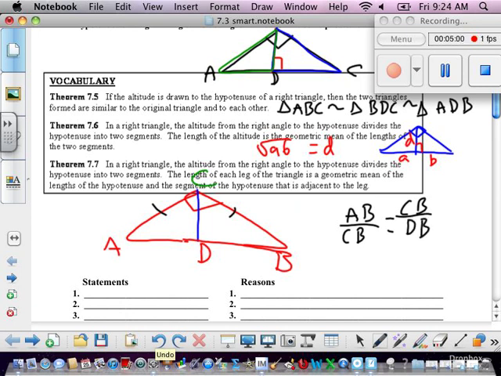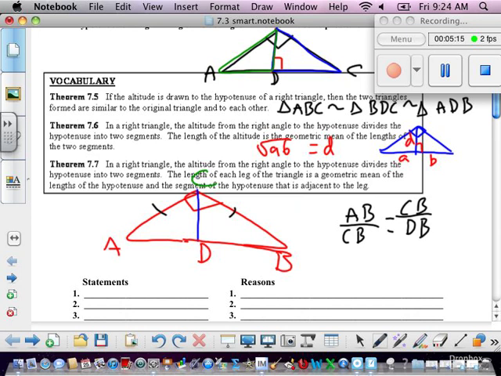Okay? So this means CB and CB gives me CB squared. So if I labeled these X, Y, and Z, let's go with this for a second.